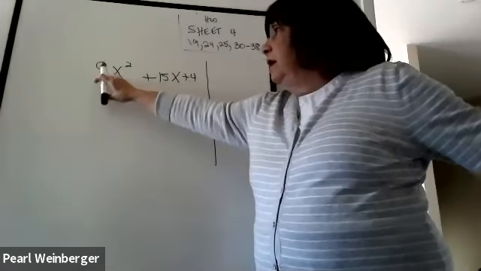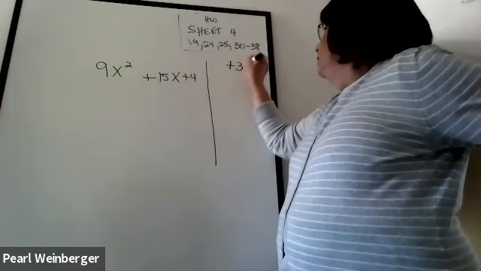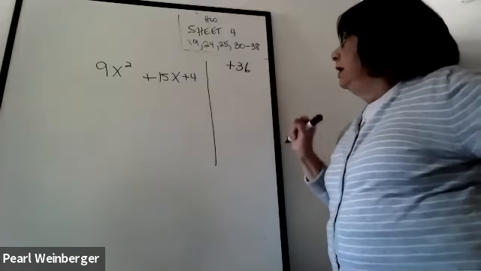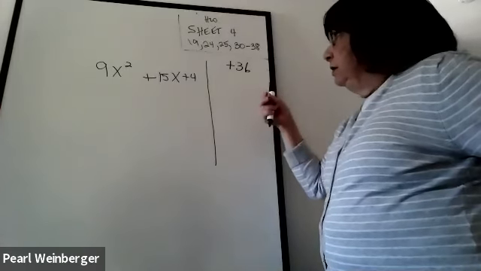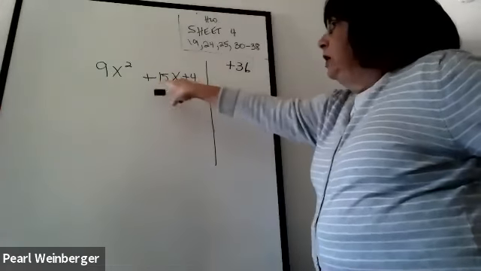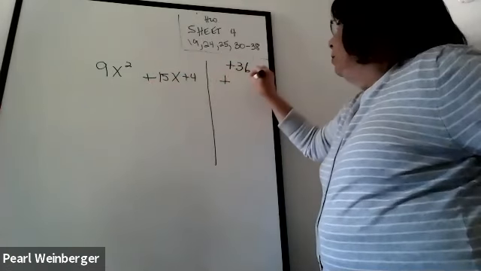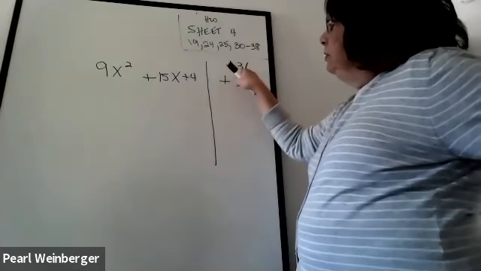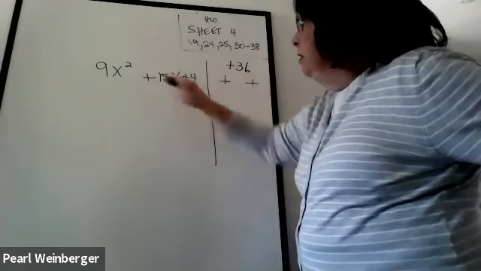I have to take the 9 and multiply it by the 4, which gives me a positive 36. And I'm going to be looking for numbers that multiply to positive 36. Now, since it's positive, either both numbers are positive or both numbers are negative. When I look at the middle and see that that's also positive, it must mean that both signs are going to be positive. So now we're looking for numbers that multiply to 36, but when we add them, give me 15.